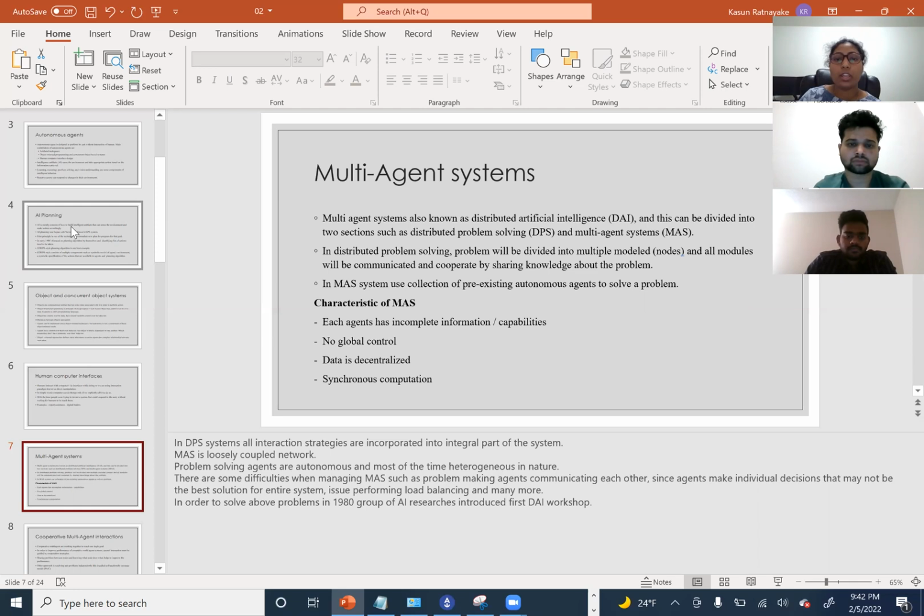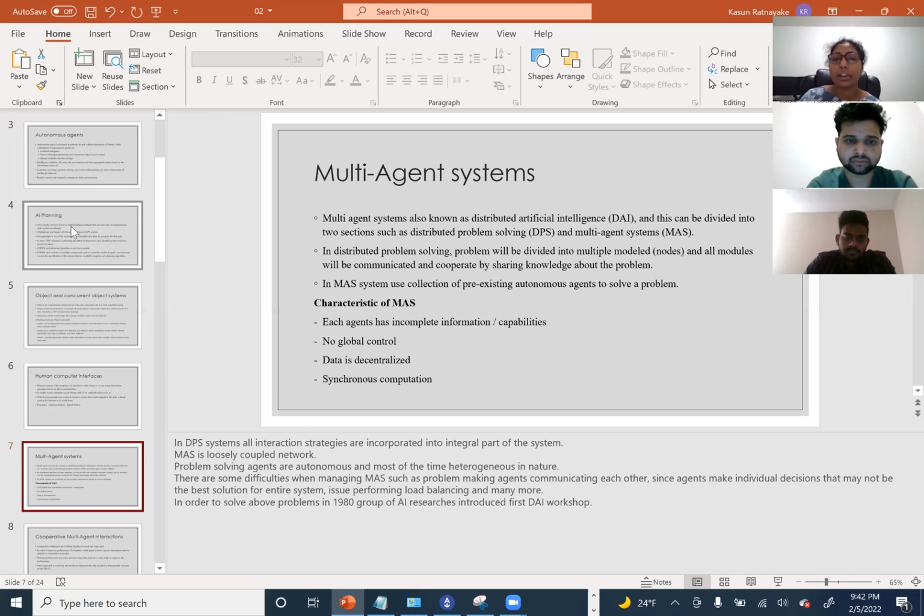Distributed problem solving means the problem will be divided into multiple modules, and then all modules will communicate and cooperate with each other. When they are doing that, they will be sharing the memory and also knowledge of the problem. When it comes to multi-agent systems, they use collections of pre-existing autonomous agents to solve that problem.